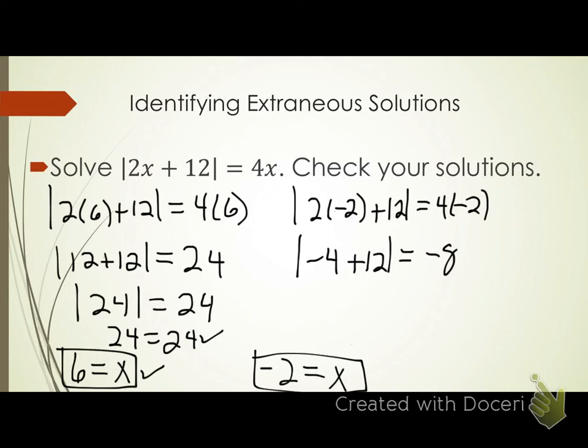So this one's looking like it's not going to be a solution. Let's carry it out just to make sure. Negative 4 plus 12, 8. And the absolute value of 8? 8. Does 8 equal negative 8? No. So is negative 2 a solution? No. I cannot include it in my answer. It's what we call an extraneous solution, but I can't include it as my actual solution. So this problem only has one solution.